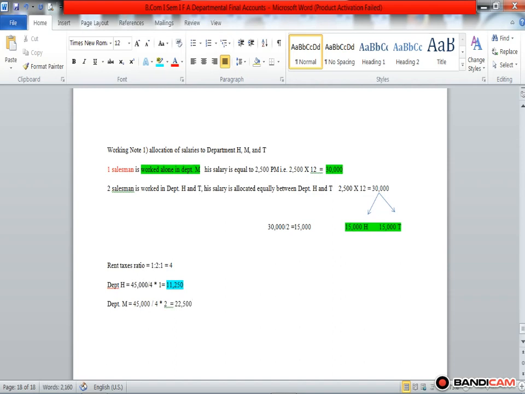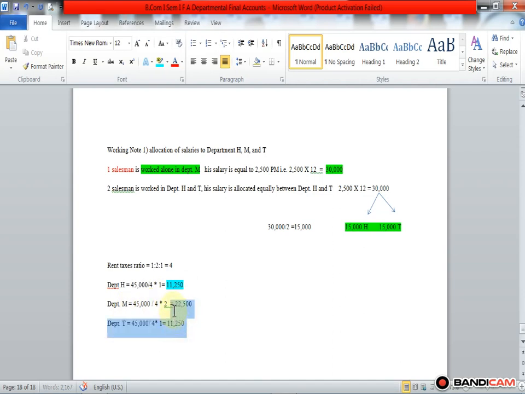And department T is equal to 45,000 divided by 4 multiplied by 1, which is equal to 11,250.